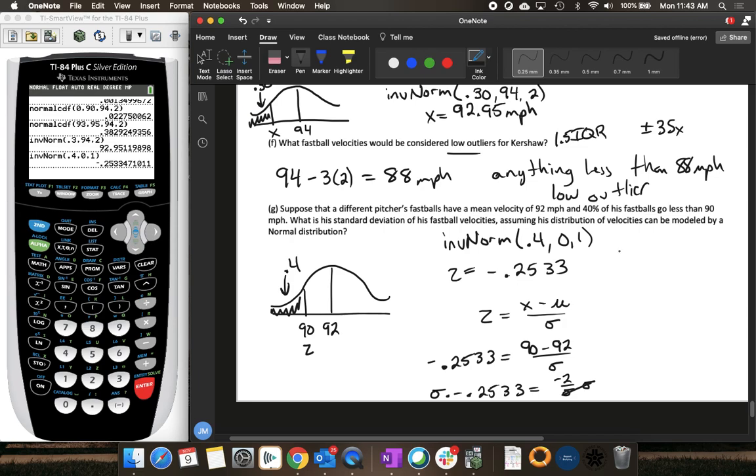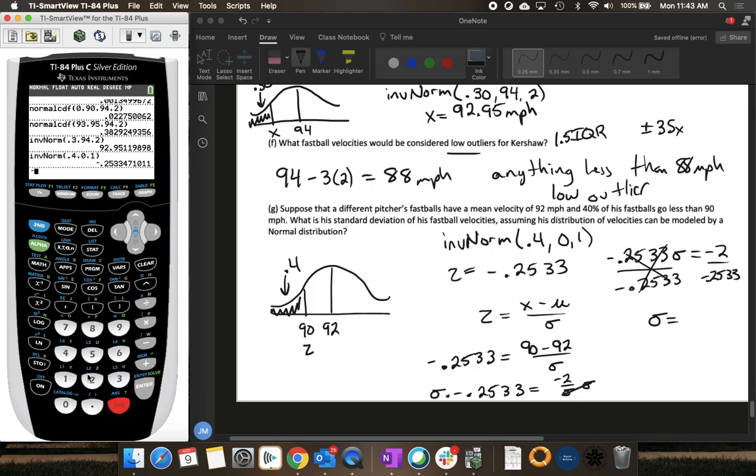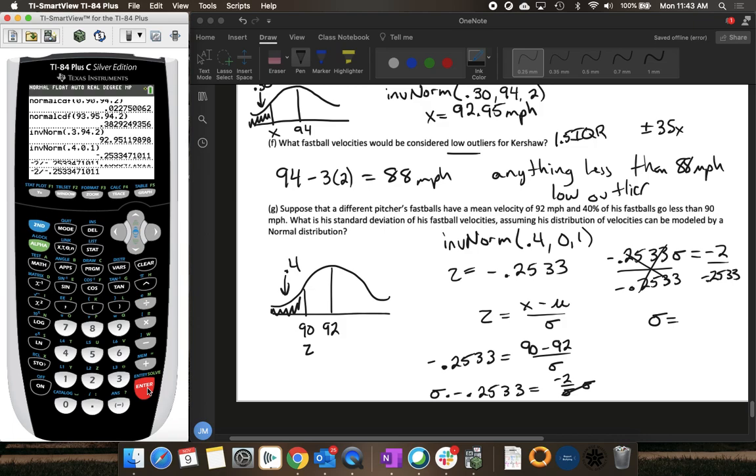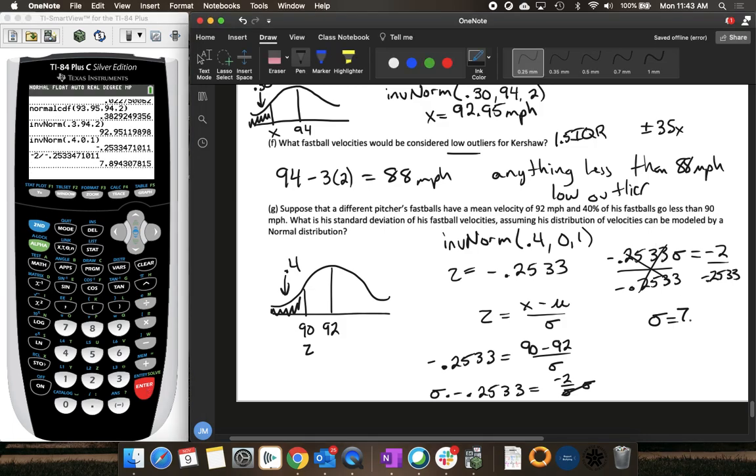We've got negative 0.2533 multiplied by our standard deviation sigma is equal to negative 2. To get sigma by itself, we divide each side by negative 0.2533. That should give us our value for the standard deviation. So we take negative 2 divided by that number, and that ends up being about 7.89 miles per hour.